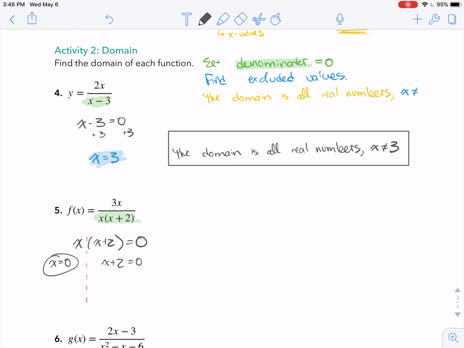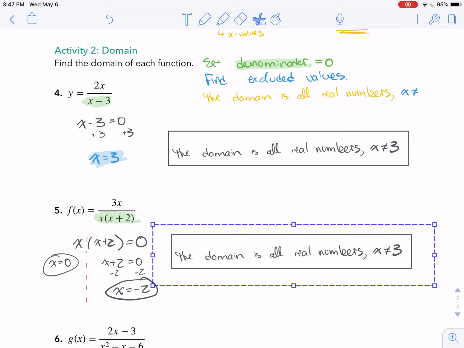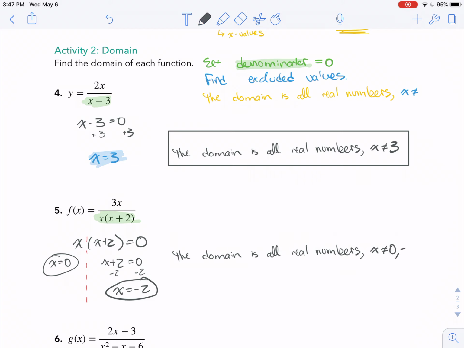Subtract 2 from both sides: x equals negative 2. So again, our domain is all real numbers, but x cannot be 0 or negative 2.